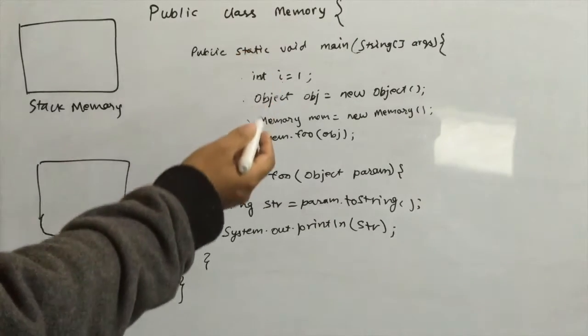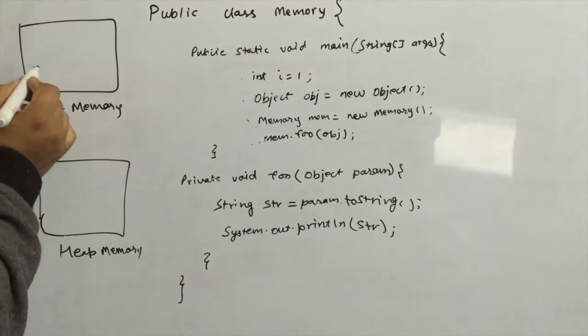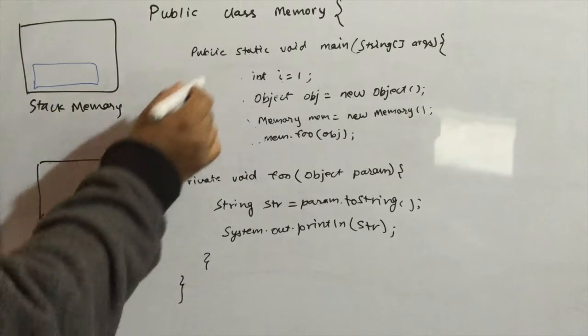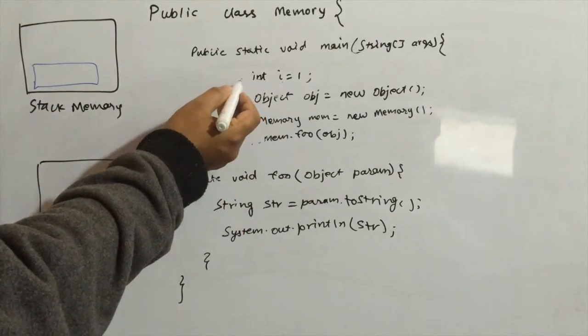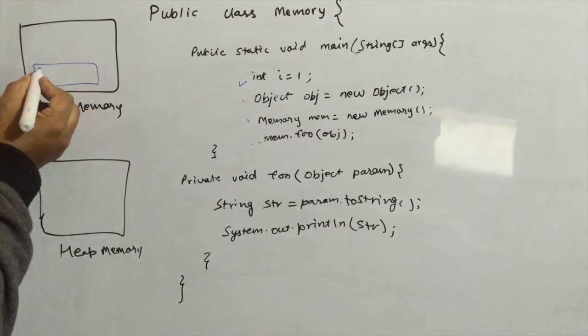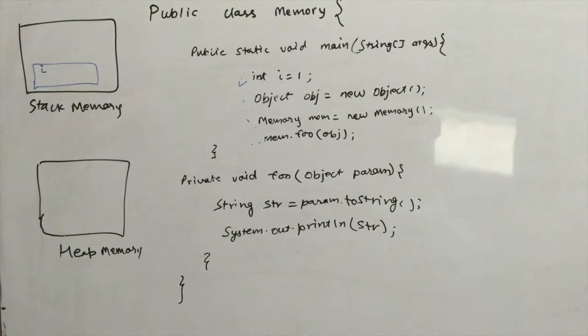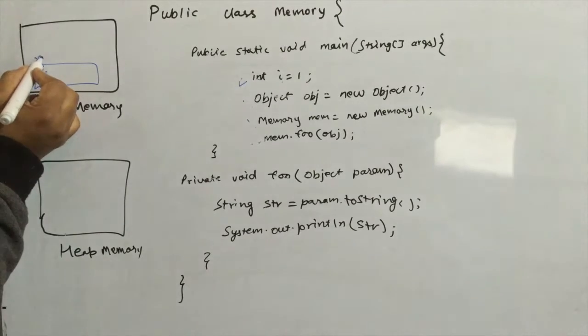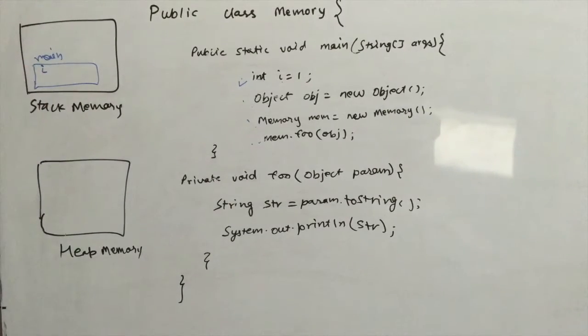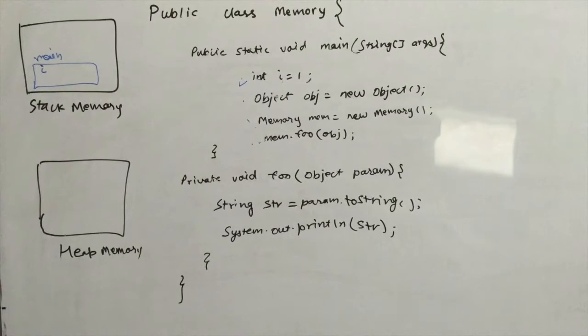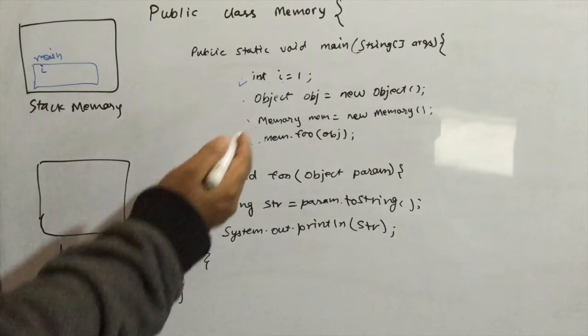When the main method is executed, it creates a space in the stack memory. In the main method, the integer variable is declared first, so it makes a space in stack memory. After the integer is declared, an object is created.